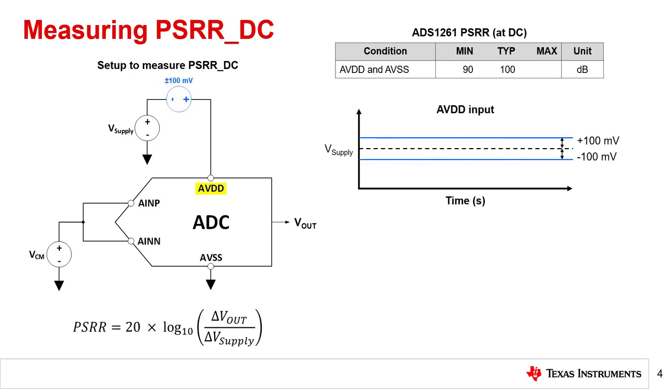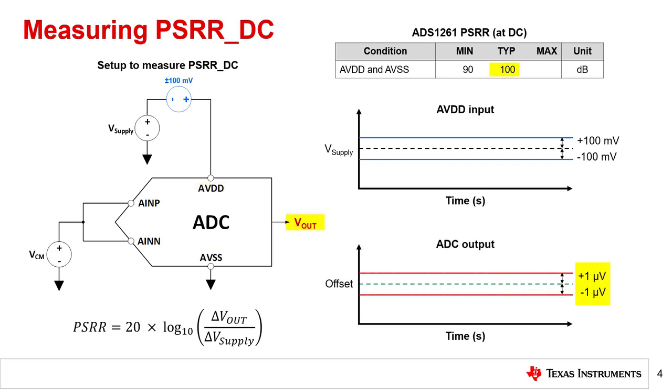For this example, let's assume that the analog supply experiences a DC shift of plus or minus 100 millivolts. In the time domain, the AVDD voltage resembles the plot on the top right, where the minimum and maximum offsets are shown in blue, centered on the nominal supply voltage, V supply.